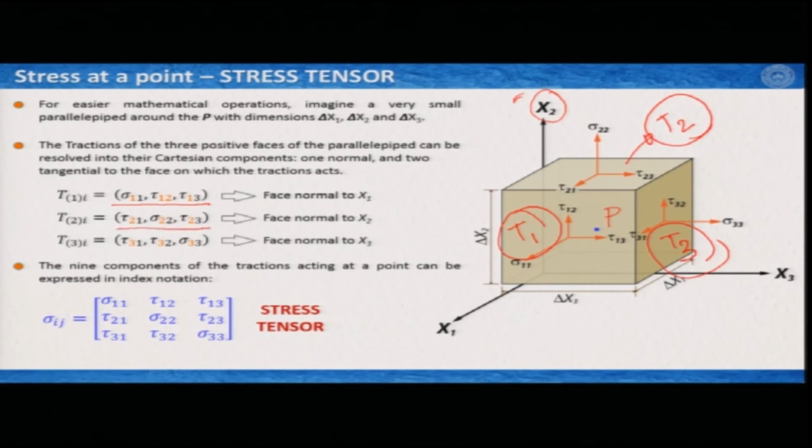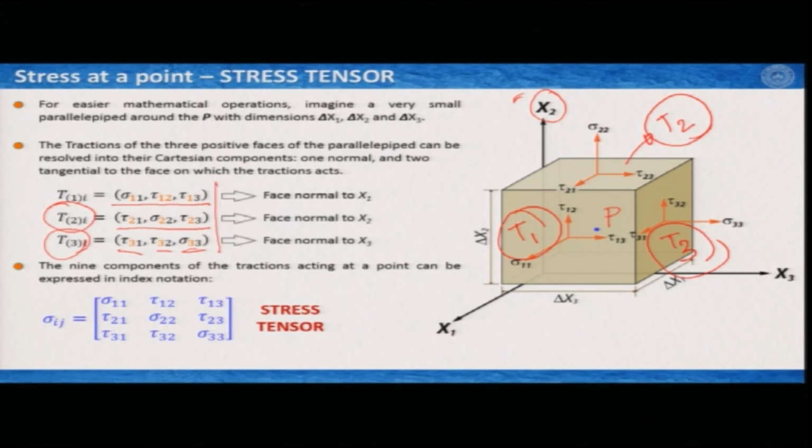For the face normal to x2, traction T2 is tau 2 1, sigma 2 2 and tau 2 3. And traction T3 is tau 3 1, tau 3 2 and sigma 3 3, which is normal to x3.